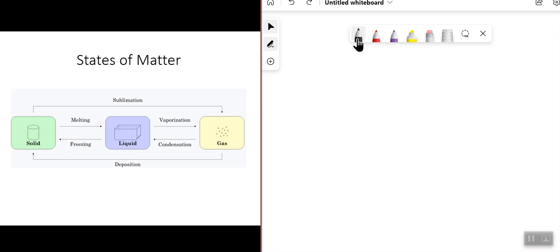Okay, so if we remember, everything in the world is made up of two things. We have matter and we have energy.